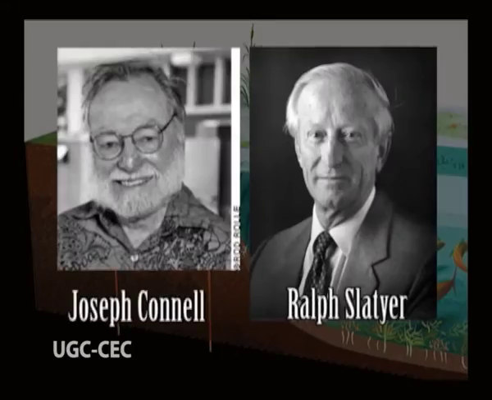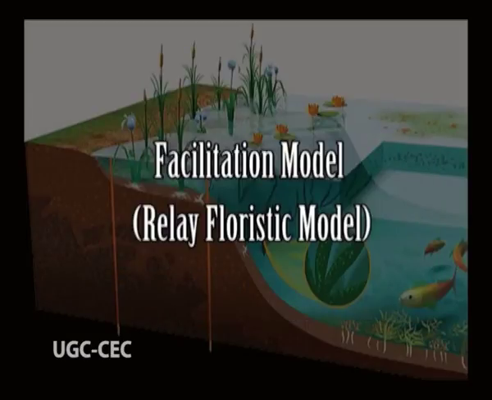Connell and Slatyer's models. Joseph Connell and Ralph Slatyer in 1977 proposed 3 alternative models of succession. One is the facilitation model, also called the relay floristic model. The facilitation model proposes that many species may attempt to colonize newly available space, but only certain species with particular characteristics are able to establish themselves.